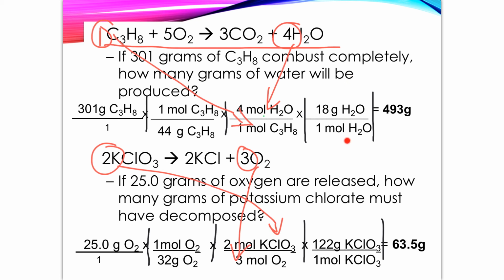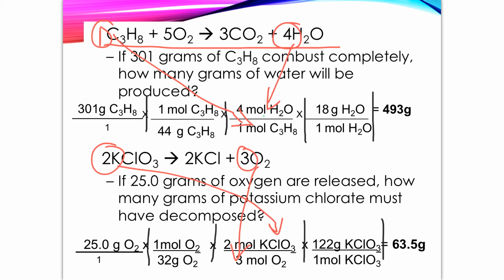And then the last section is converting back to grams using the molar mass of the wanted material. In this case, it's water here, and it's potassium chlorate here. So you'd have to either calculate that or look that up, and that's always over 1 mole of that material. So when you do the master calculation, you multiply all the numbers on the top to get the big numerator, and then you multiply all the numbers on the bottom to get the large denominator.